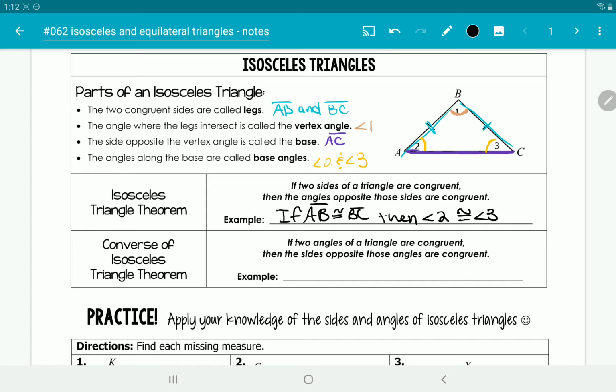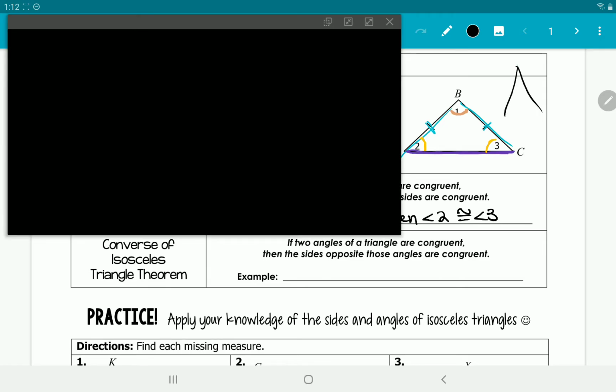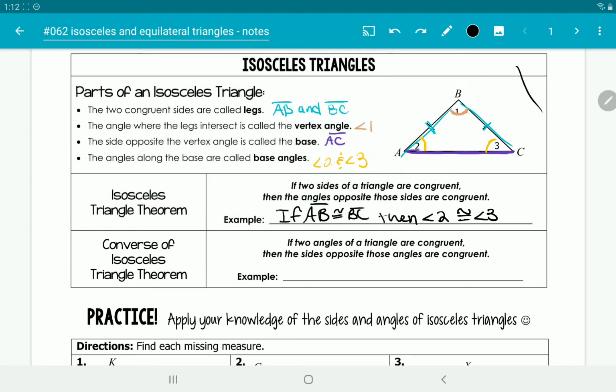Okay, so if we have some random isosceles triangle here, and we know that these two sides are the same, the two base angles are the same. That's the same for any isosceles triangle. If they have the sides the same, then the angles are the same as well.